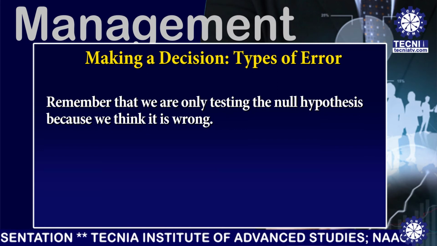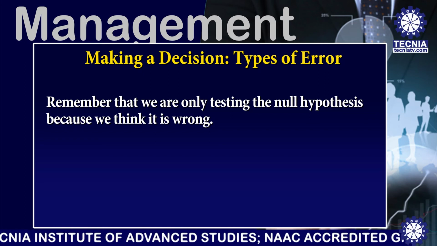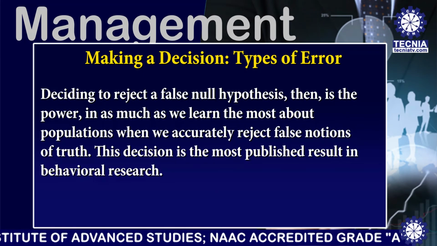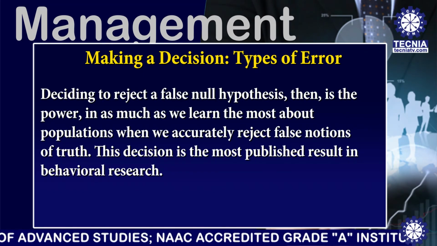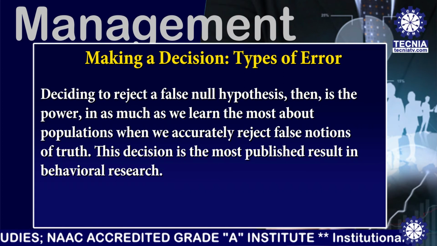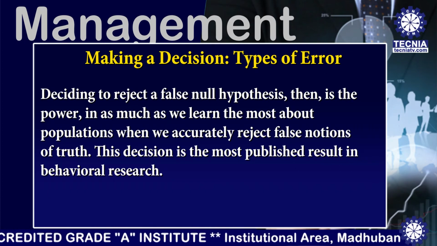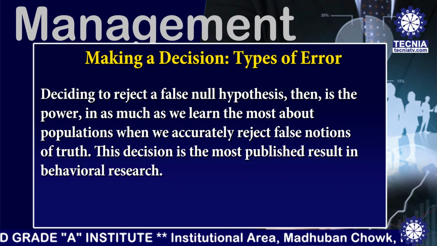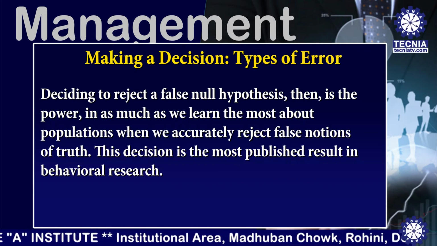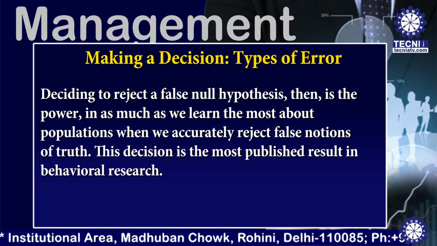Remember that we are only testing the null hypothesis because we think it is wrong. Deciding to reject a false null hypothesis then is the power, inasmuch as we learn the most about populations when we accurately reject false notions of truth. This decision is the most published result in behavioral research.